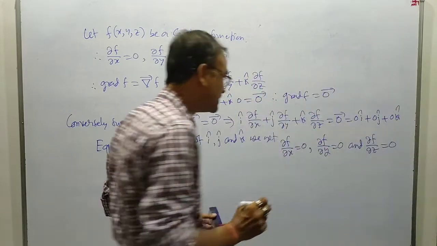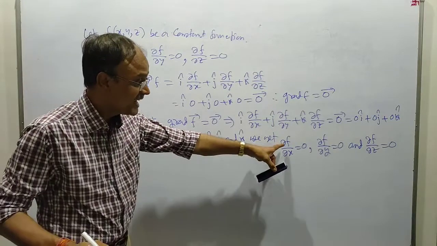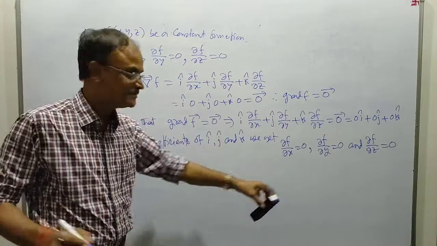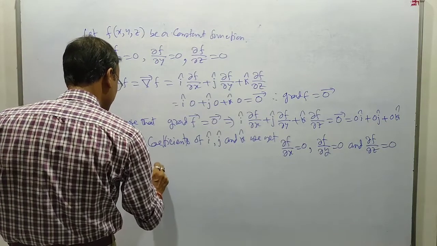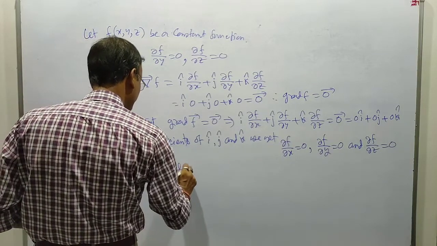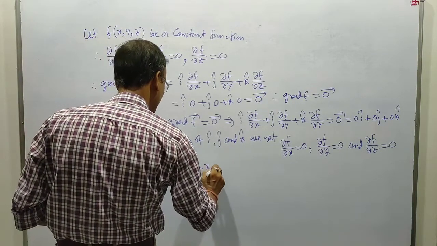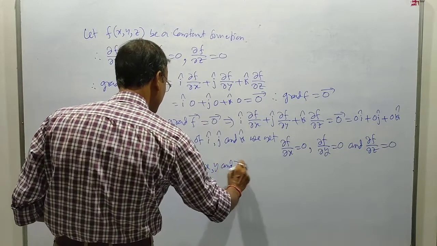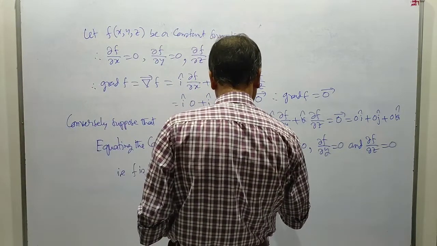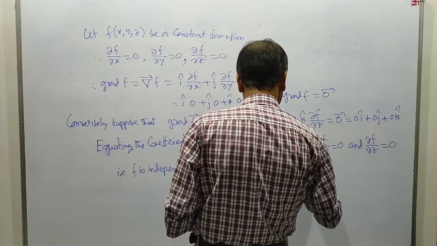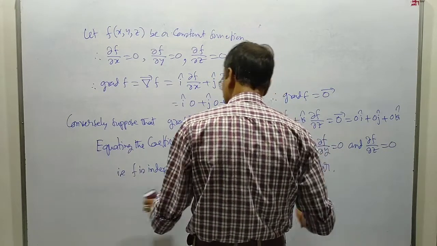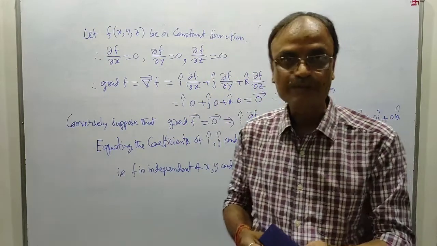That is, f is independent of x, y and z. Therefore, f is a constant scalar. Conversely, we have proved this one.